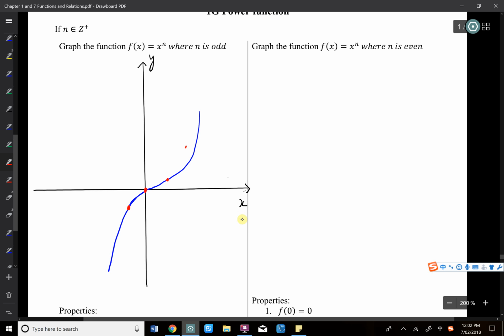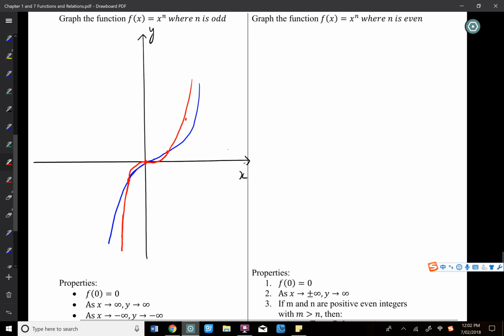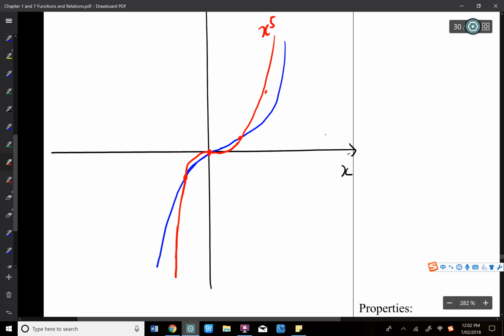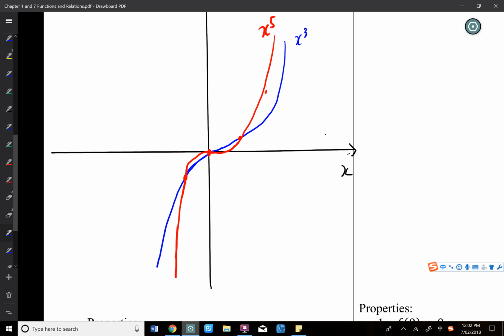So this graph should be like this. If I make this larger, it's actually lower than x to the power of 3. This is x to the power of 5, this is x to the power of 3. It's lower from 0 to 1 and then higher after the point 1.